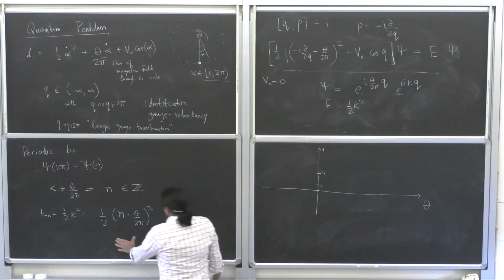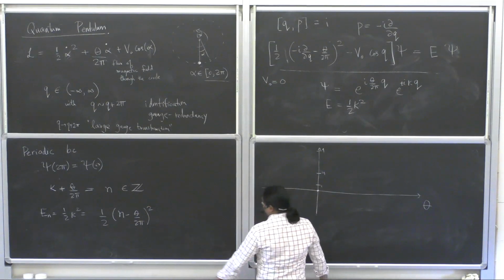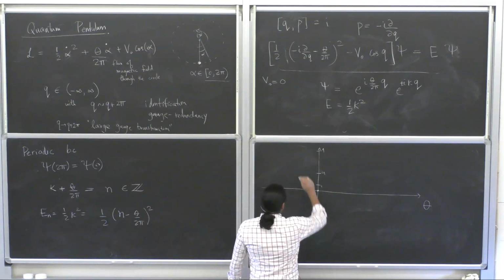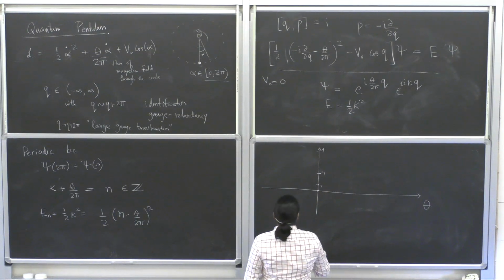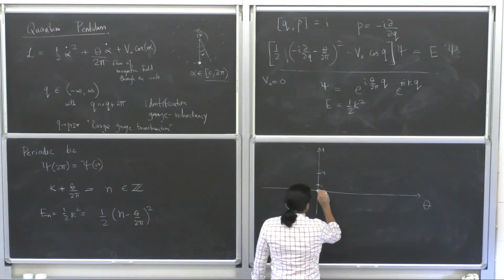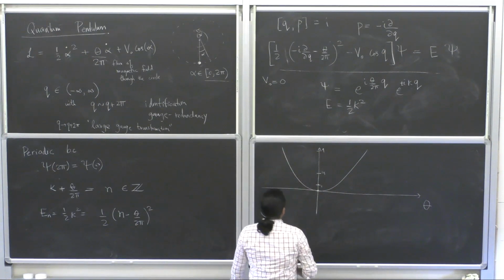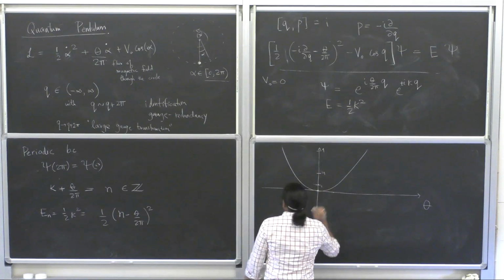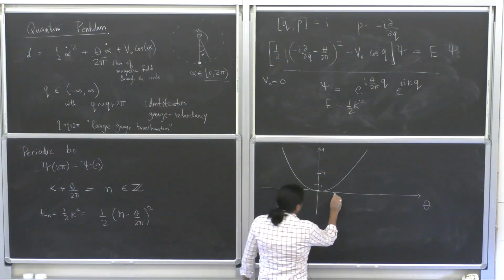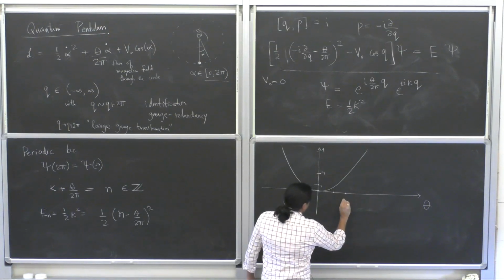And the dependence of a given energy level on theta is just quadratic. So if I plot, for example, the n equals 0 level, then it would be something like some quadratic function like this. And similarly, if I plot the n equals 1 level, it's a little bit of tricky drawing, so I want to get it right.